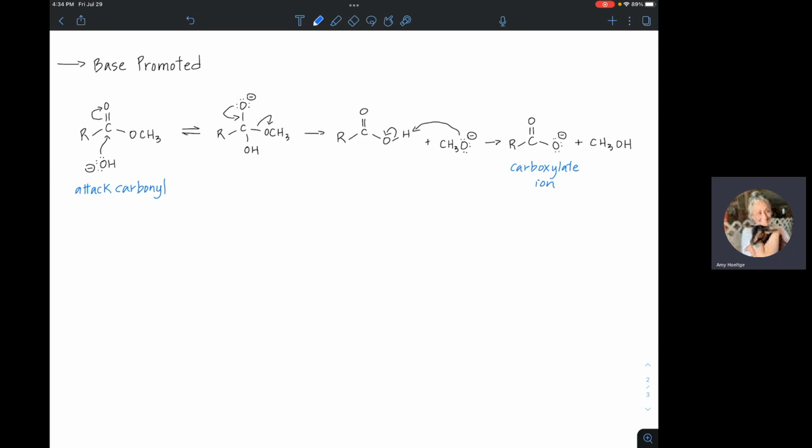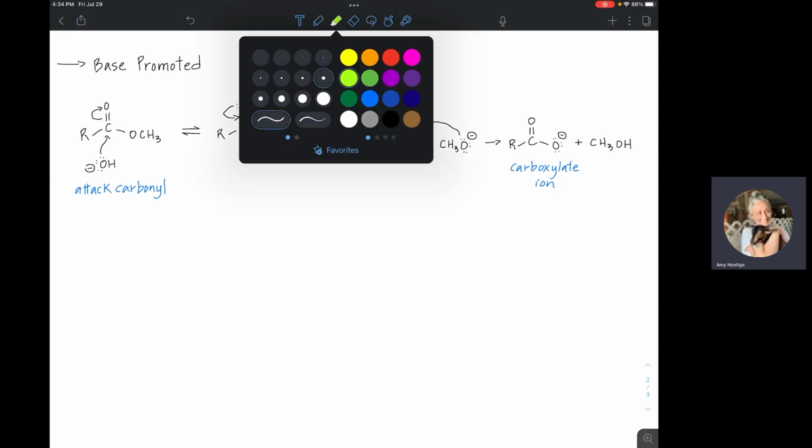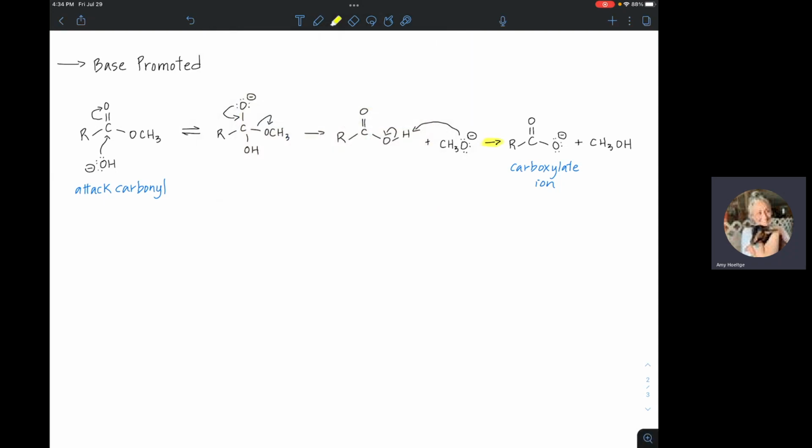So that's probably something I should highlight here. Notice the arrows are different here. Unlike under acidic conditions, this cannot be attacked by a nucleophile. It's negatively charged.